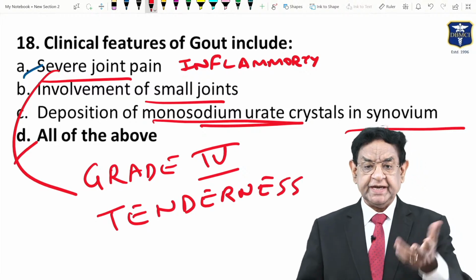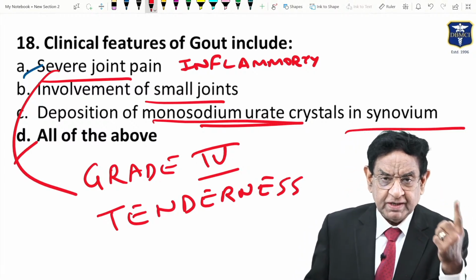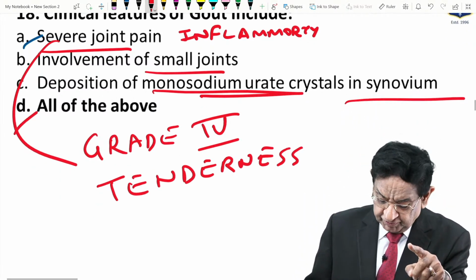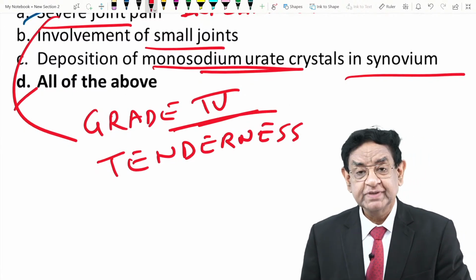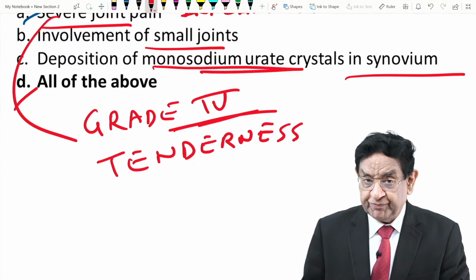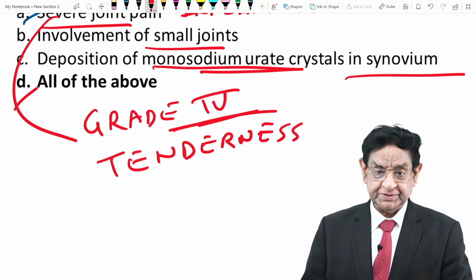Now the question is again, simple question. Write down the answer in your copy. What are the causes of grade 4 tenderness? One is gout. What are the other causes of grade 4 tenderness?